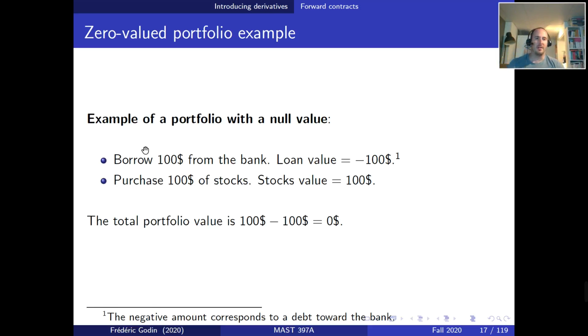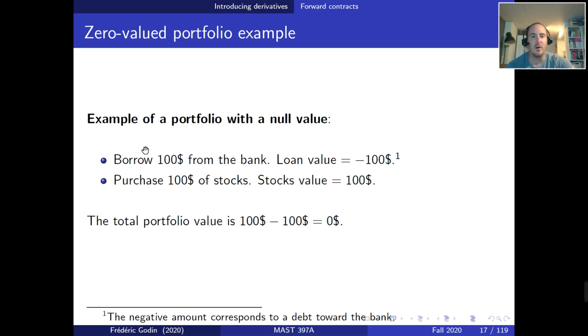So we've talked about portfolios of value zero. You might be wondering, if a portfolio has a value zero, it just means that there's nothing in that portfolio. Well, it's not exactly true, so we'll give an example. You could borrow $100 of cash at the bank, and use that $100 to purchase stocks. So in that case, what would be the value of the portfolio?